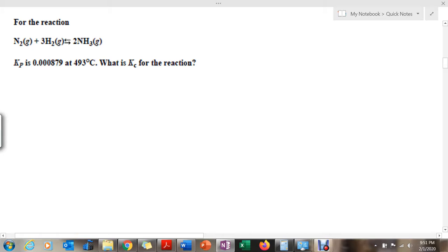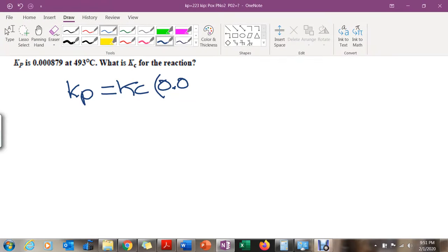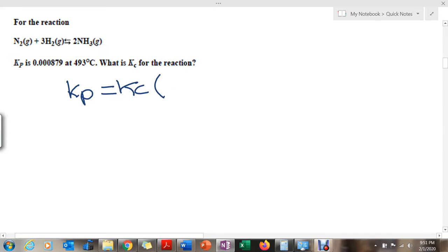Now, the easy way to do it, and this is the best, is that Kp is Kc multiplied by RT to the difference in moles.